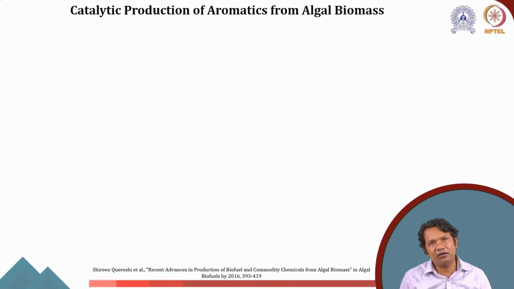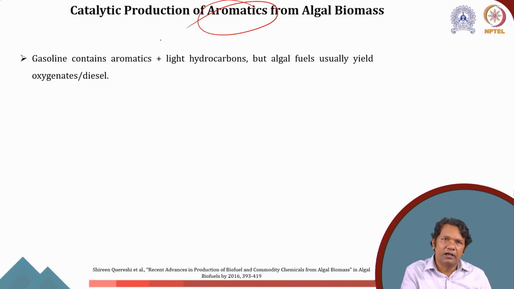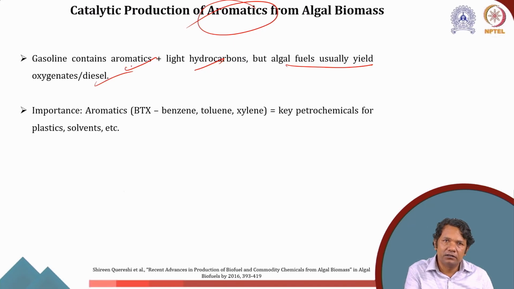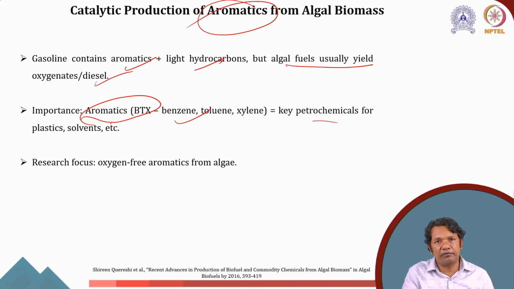Besides that, we can also produce aromatics from the algal biomass, as gasoline contains aromatics plus light hydrocarbons. But algae usually yield oxygenates and diesel, so again, what we need is a catalyst. It is very important because these aromatics are octane enhancers. They are also key petrochemicals for plastics and solvents.